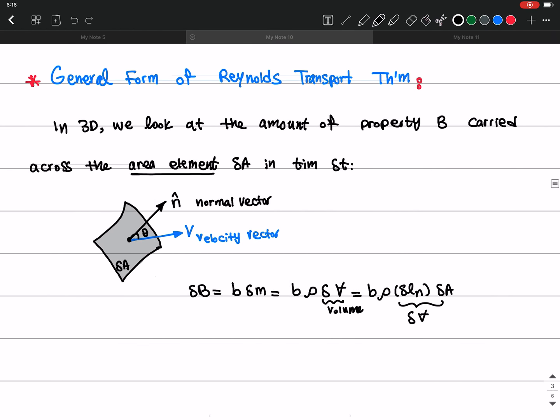Okay, so let me write this down. Since across element delta A, we look at the normal component.